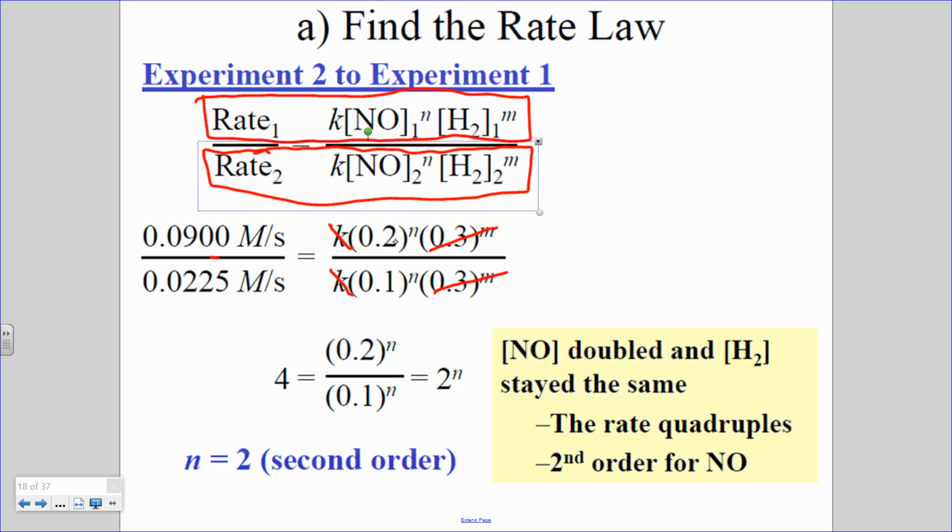So now I can just look at one of my reactants. I'm only looking at the nitrogen monoxide here. Here's the concentration of the first reaction. Here's the concentration of the second reaction. If I have it to the N power, I don't know what N is, but it's the same for both. If I divide these two, I get 4 equals 2^N.